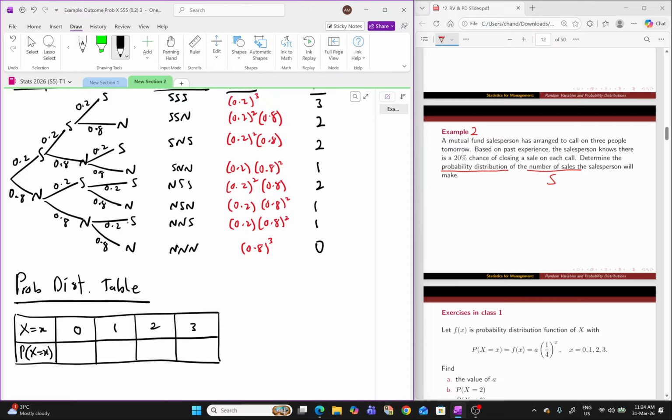You will get, for zero, 0.512. Try to press. Try to use your calculator. You have to get used to your calculator, otherwise your hand will slip later in the exam test.